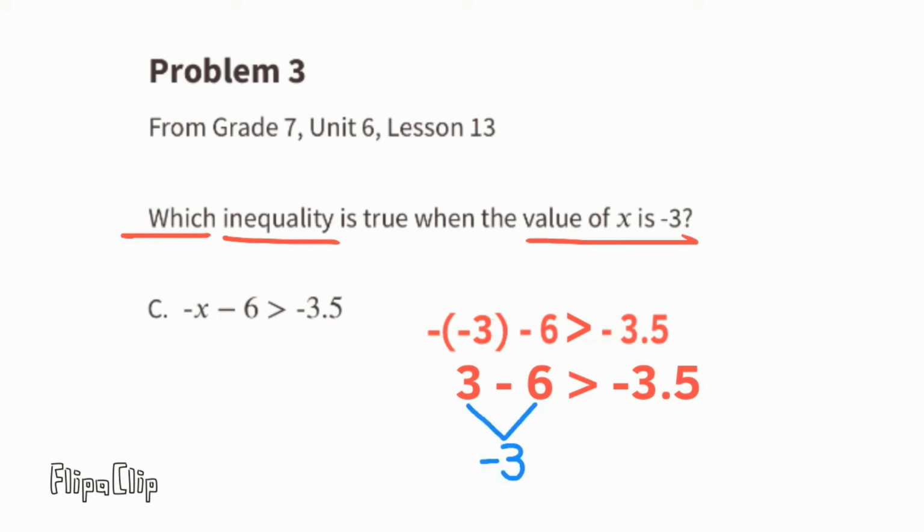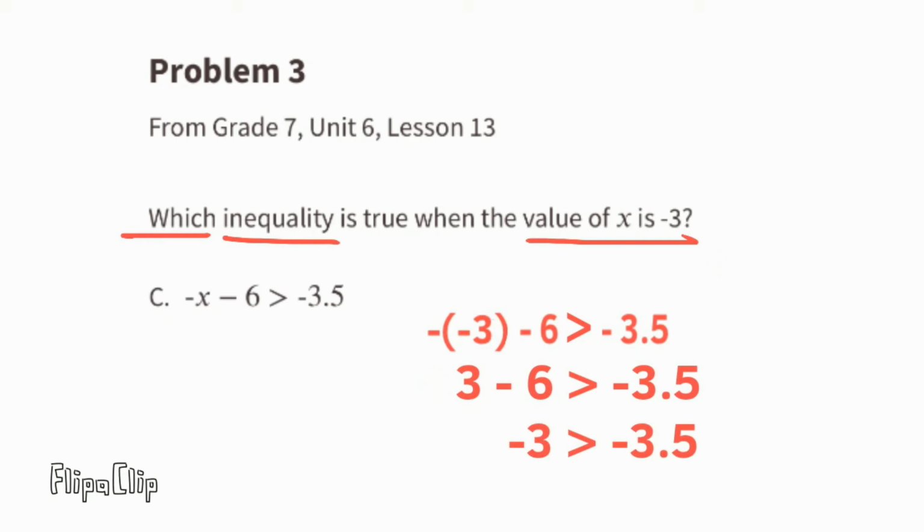Since 3 minus 6 is negative 3, and negative 3 is greater than negative 3.5, then this is true. Remember, negative 3 is closer to the 0 on a number line than negative 3.5. So negative 3 is greater than negative 3.5. So for inequality C, the value for x is negative 3.